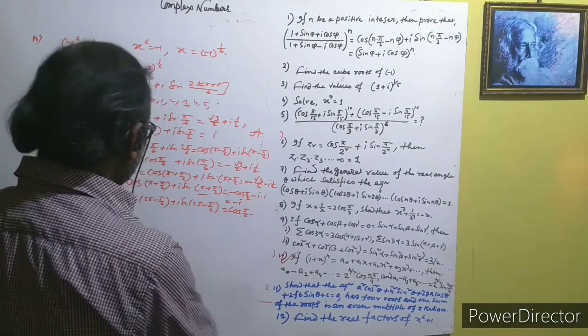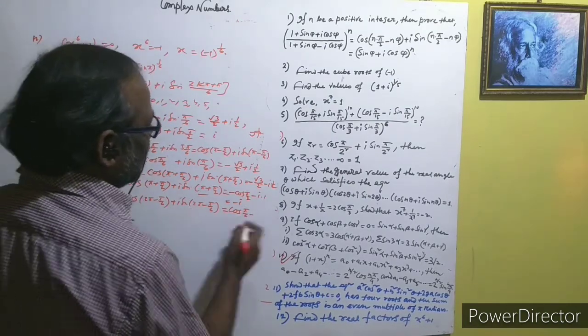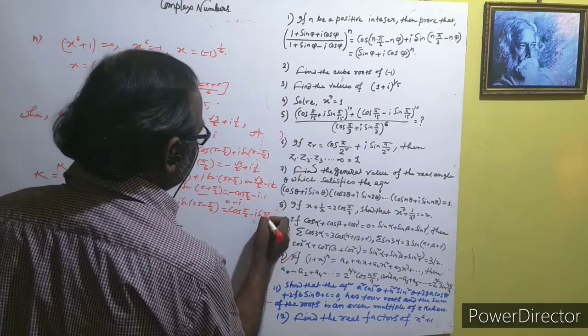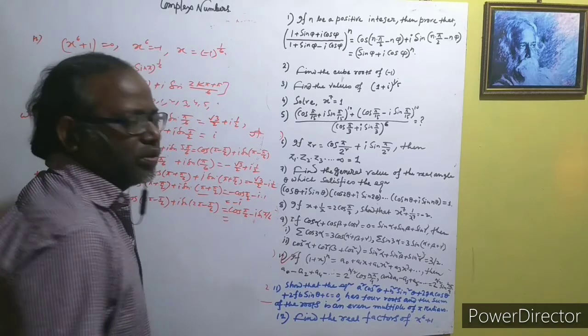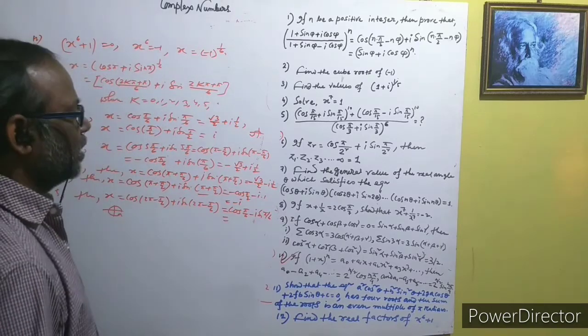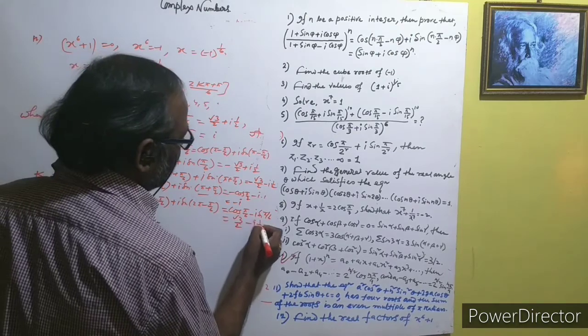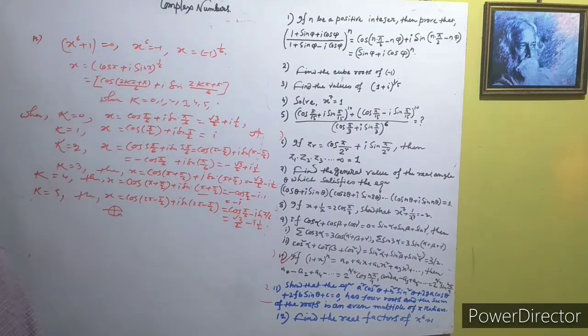Cos pi by 6 means 30, root 3 by 2, and i into half.